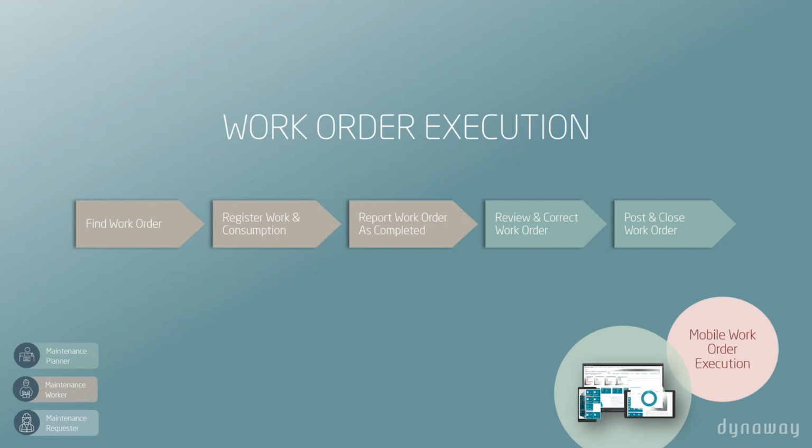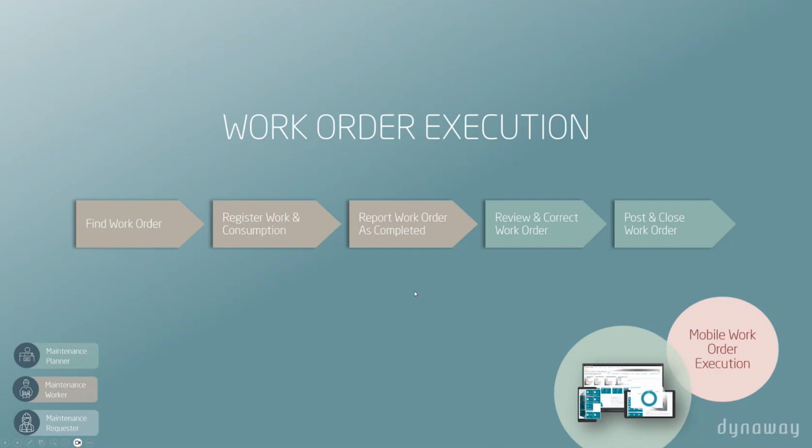And all of the brown steps of the maintenance worker here, we're going to show you as if it was a mobile device. If it's one and the same person doing all of these steps, then of course they probably would not report it as completed, but would just post and close it once they're done.